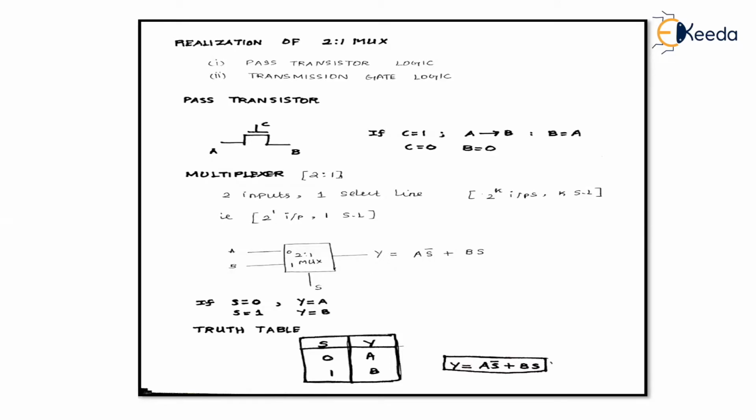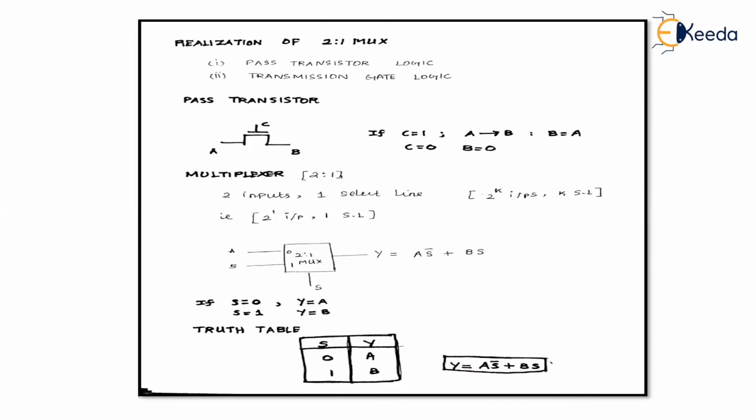If my C is equal to 1, my NMOSFET will turn on and whatever value is there in A will be passed to B, and thereby B is equal to A. If my control signal C is equal to 0, then my B is equal to 0, which means if my control signal is not given, my B data will be 0.